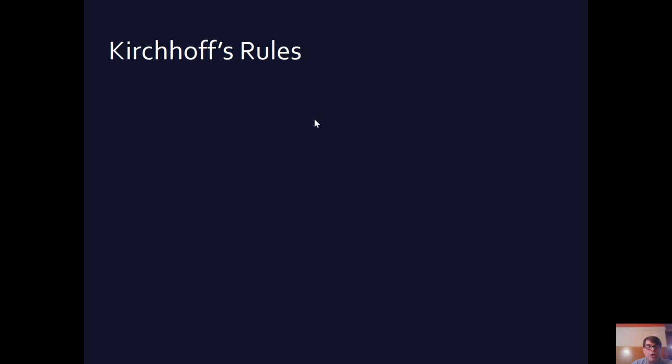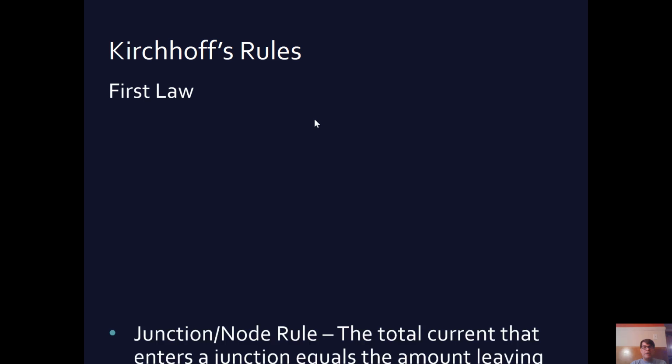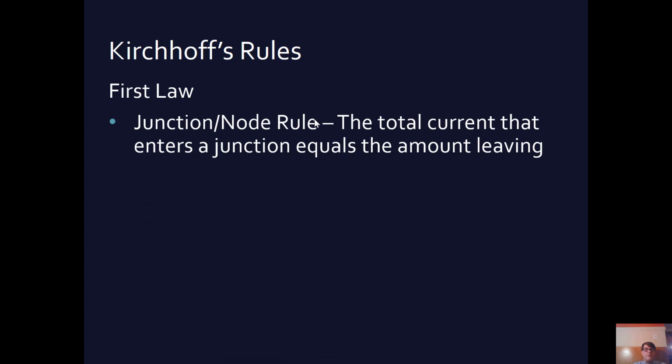Okay, so Kirchhoff's rules. There may be questions on your AP test about Kirchhoff's rules. Kirchhoff's first law is the node rule, or the junction rule, that basically says the total current that enters a junction has to equal the amount leaving the junction, so that you have a conservation of charge coming in and going out of each junction.